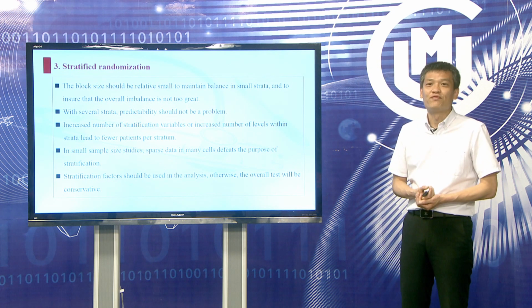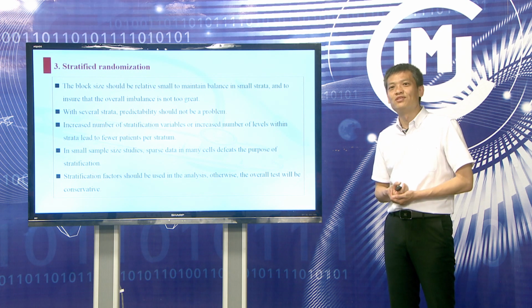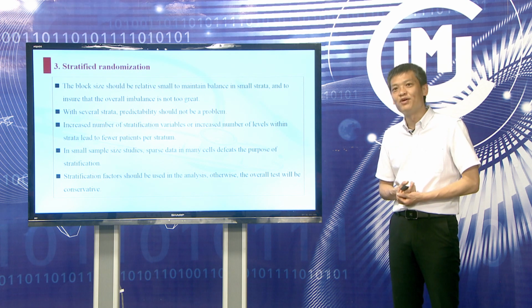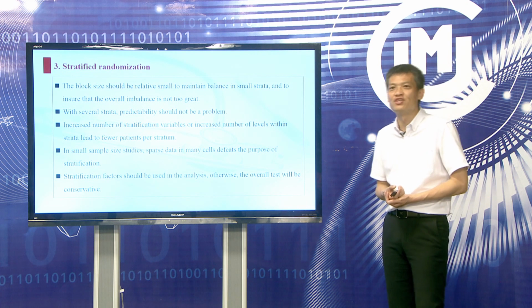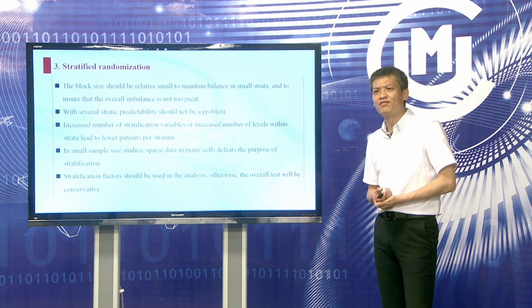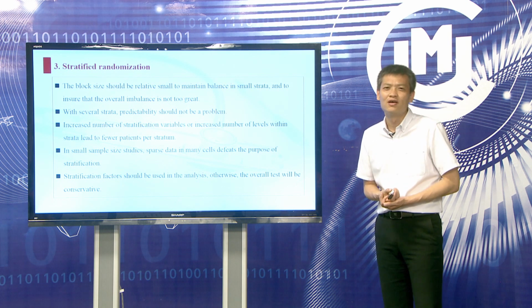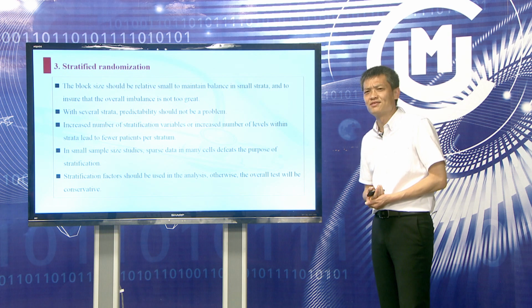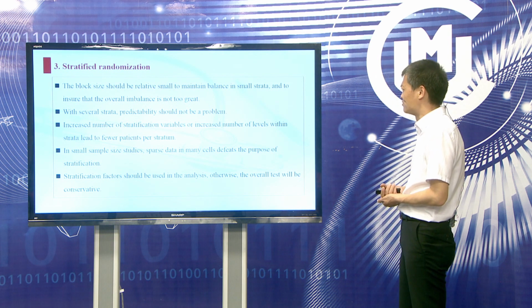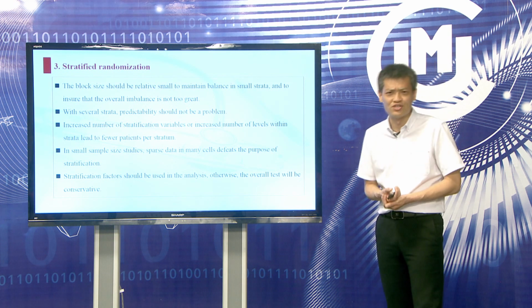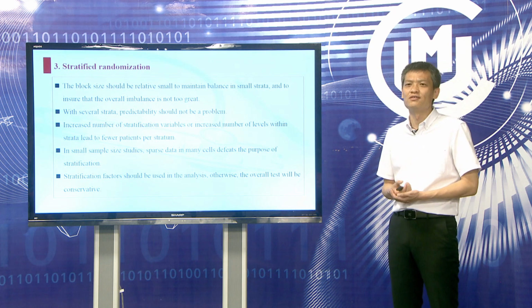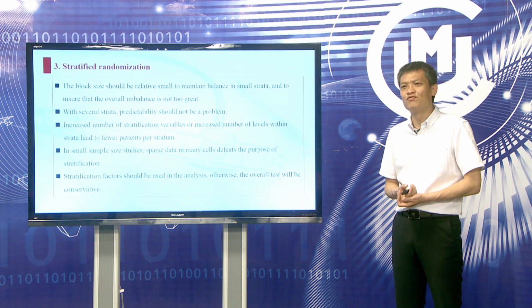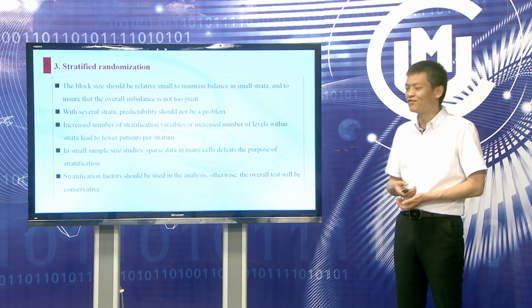With several strata, predictability should not be a problem, but increasing the number of stratification variables or the number of levels within strata leads to fewer patients per stratum. In small sample size studies, sparse data in many cells defeats the purpose of stratification. Stratification factors should be used in the analysis, otherwise the overall test will be conservative.